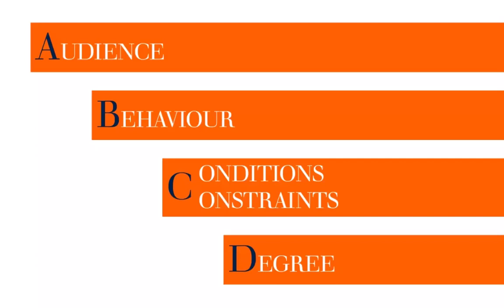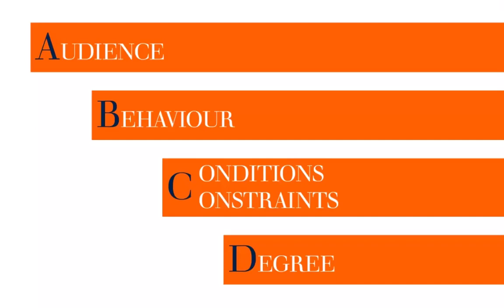Behavior: what do you want to see somebody do or hear somebody say? What conditions and constraints, so what do you need to give them so they can succeed? And what's going to potentially hinder them from succeeding? And then what does success look like, the degree of success? And this is going to contribute to your rapid training needs analysis.